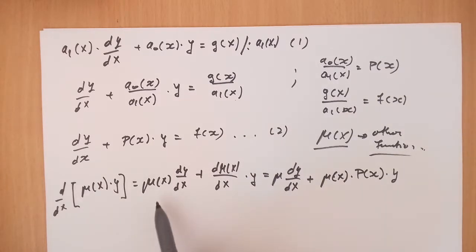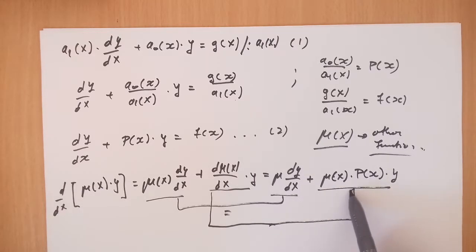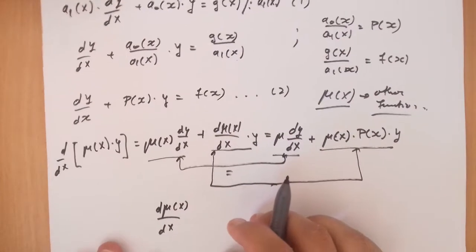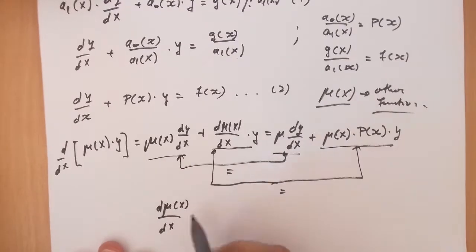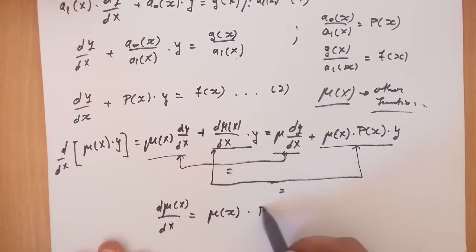So we look, this is equal to this one, and this one is equal to this one. So we know that d mu of x divided by dx is equal to mu of x times p of x.